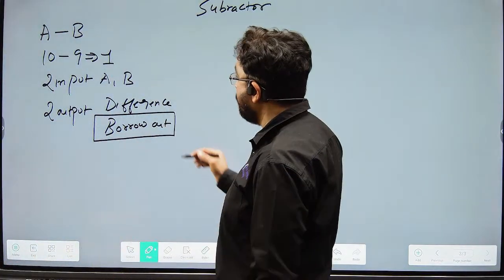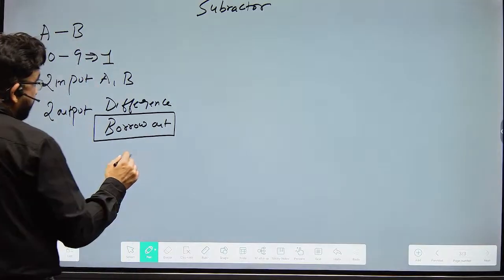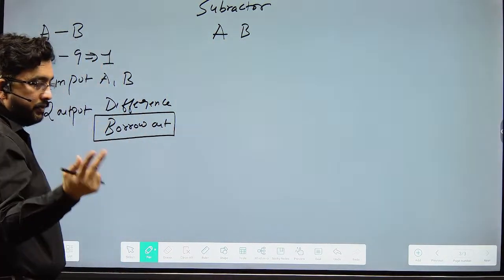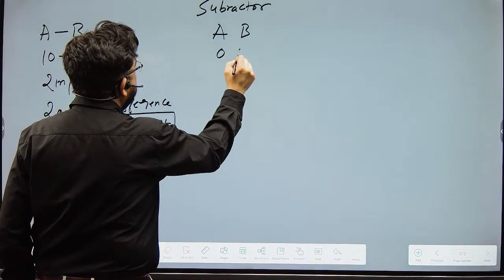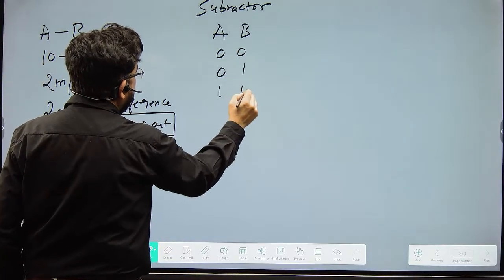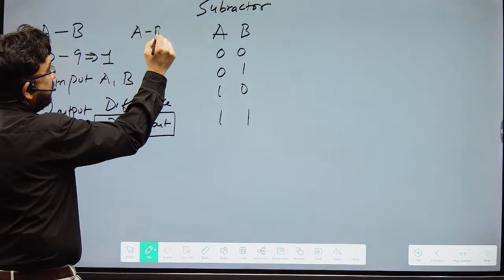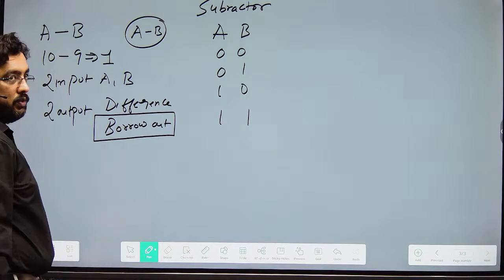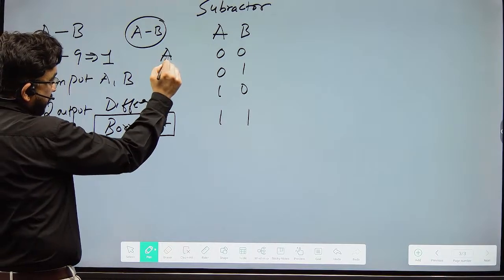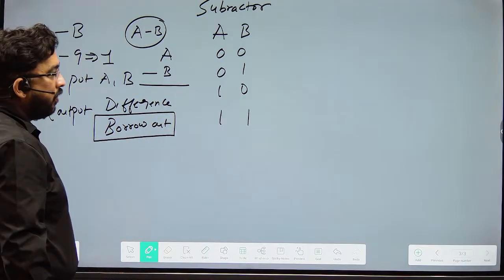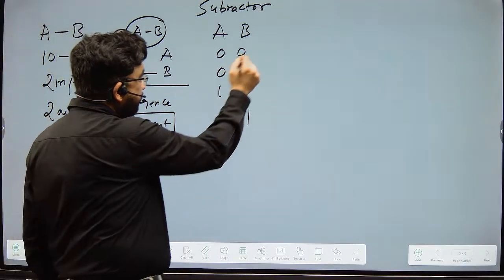So here we have difference and borrow out. Whenever we have two inputs A and B, we have four options: 0 0, 0 1, 1 0 and 1 1. We are going to subtract B from A. So A minus B is very simple.